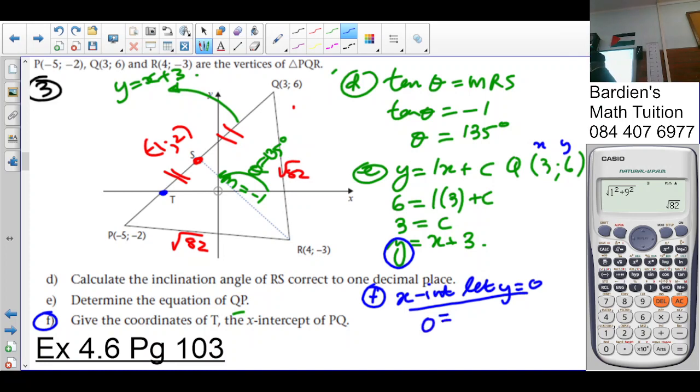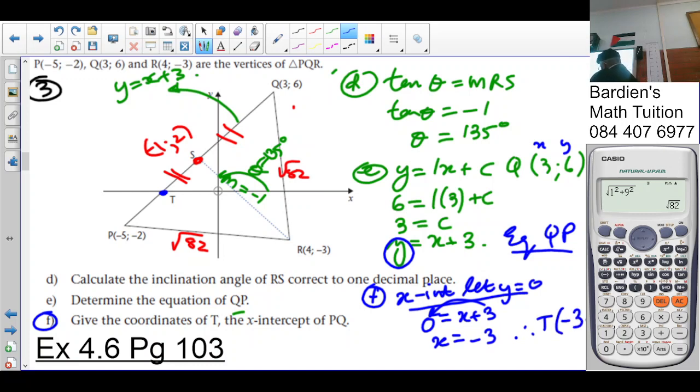So 0 is equal to x plus 3. Remember, this is the equation of QP. So you take it over the equal sign, so x is equal to negative 3. So therefore, T would be negative 3 and 0. Okay? Any confusion there, people?